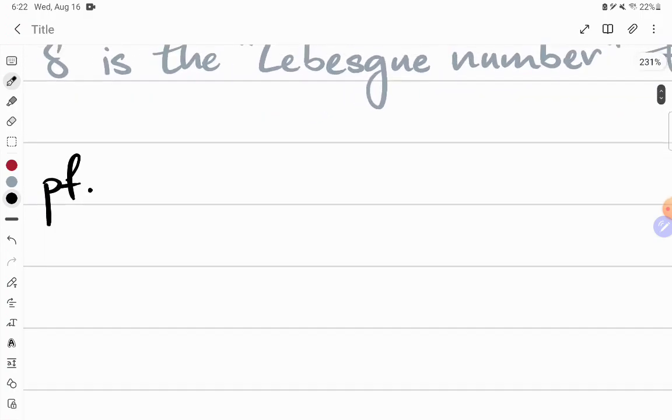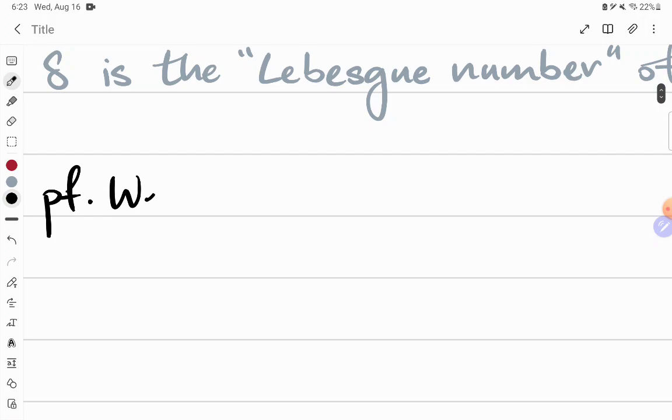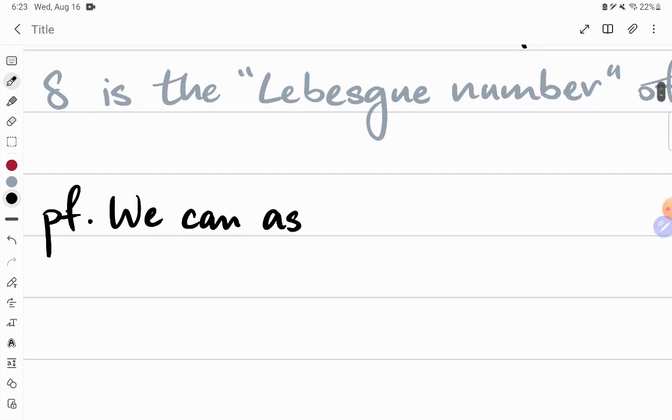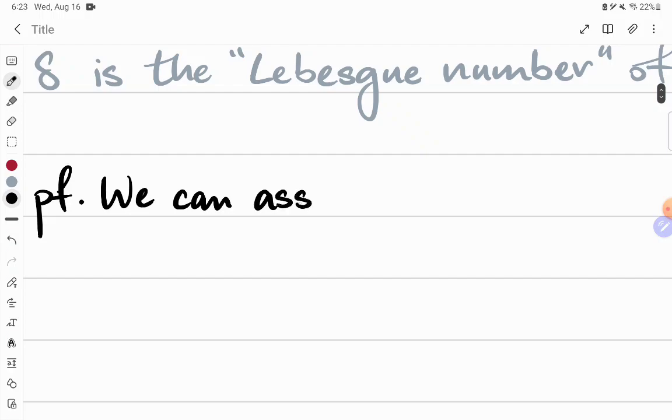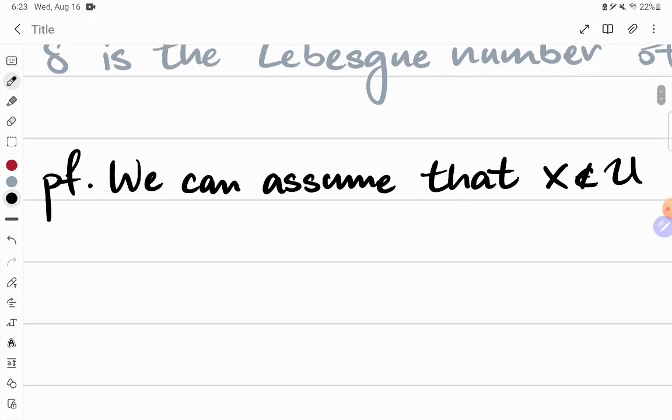Proof. First, we can eliminate one case, which is redundant, and it's the case where X is itself part of this open cover.